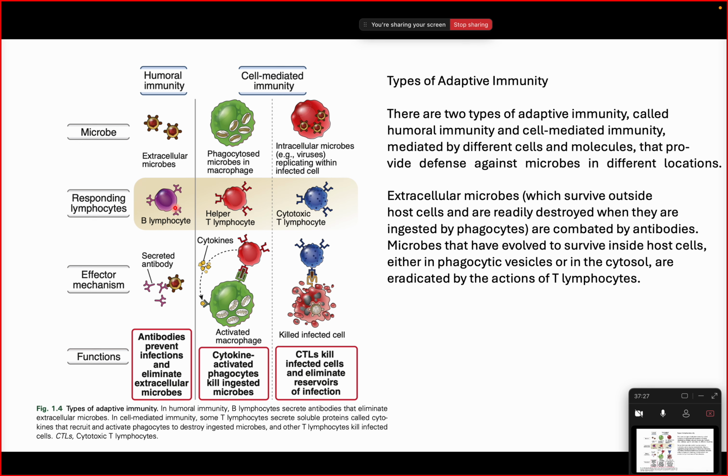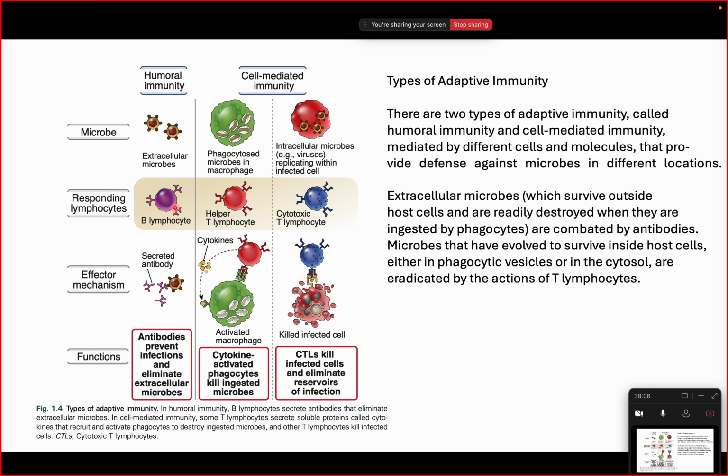The helper T cell helps control the microbe by sending cytokines to the macrophage which has phagocytized the microbe, activating it, which leads to the digestion of the microbe. On the other hand, if the microbe, such as a virus, is inside a cell, the cytotoxic T cell will come and kill that particular cell and eliminate the infection.